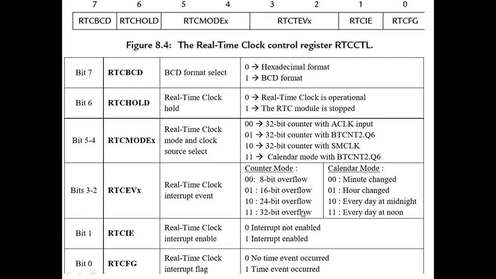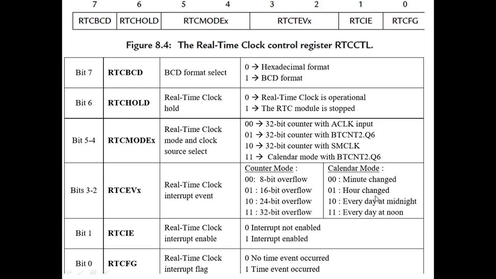If the real-time clock is in calendar mode, the bit value 00 means minutes will be changed. 01 means hours will be changed. 10 means every day at midnight the values will be changed. 11 indicates every day at noon the values will be changed.